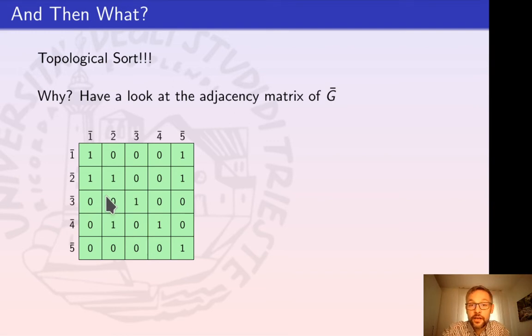If the first node in the topological sort is not reachable by anyone but itself, and we resort the nodes in the adjacency matrix, the column corresponding to the first node in the topological sort will have a 1 in the first cell, and all the others will contain 0.